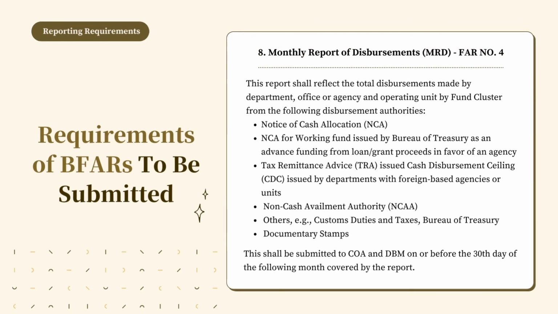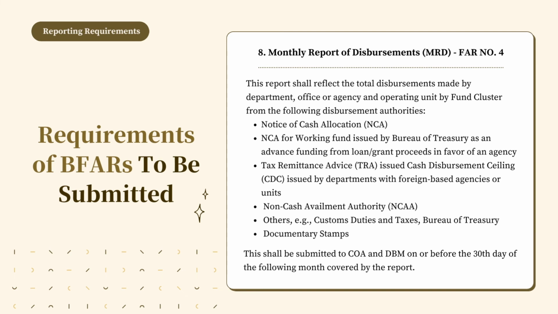Moving on to the next requirement, which is the monthly report of disbursement, also known as FAR number 4. This report shall reflect the total disbursement made by the department, office, or agency and operating unit by fund cluster from the following disbursement authorities, such as Notice of Cash Allocation, NCA for Working Fund issued by Bureau of Treasury as an advance funding from loan or grant proceeds in favor of an agency, tax remittance advice issued, cash disbursement ceiling issued by departments with foreign-based agencies or units, non-cash availment authority, others like custom duties and taxes, Bureau of Treasury, and documentary stamp.